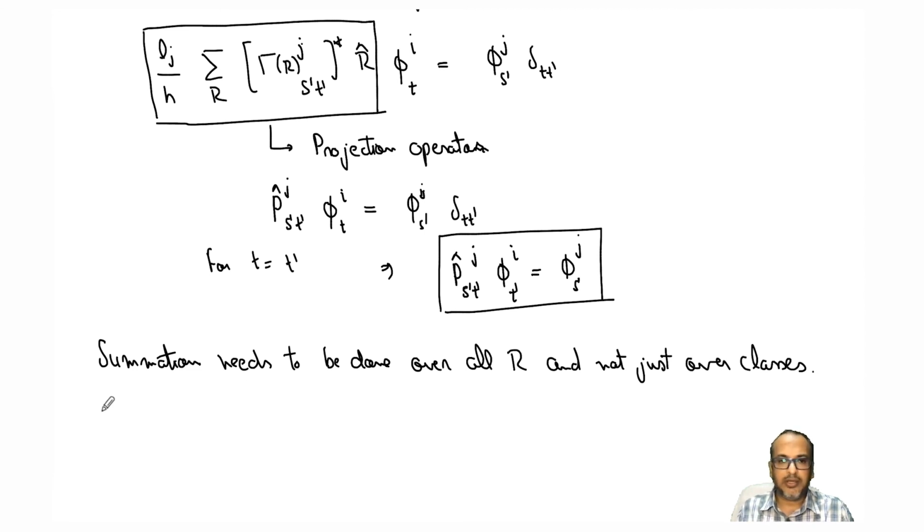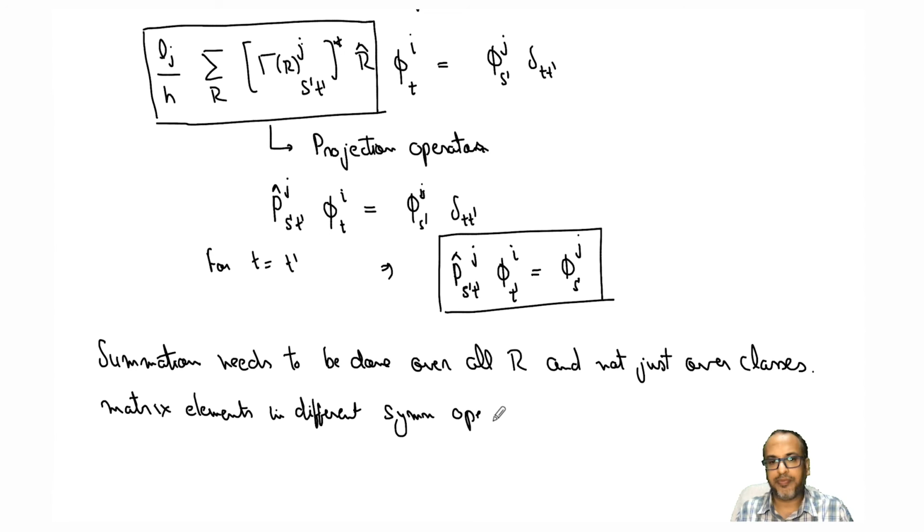Okay, that is because we are using matrix elements in this, and matrix elements in different symmetry operations are unique, right? So matrix elements are not common, so that's why we need to carry out the complete summation over all R. So I think that is all for this lecture.